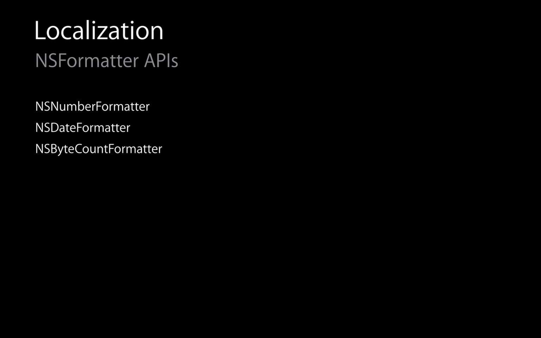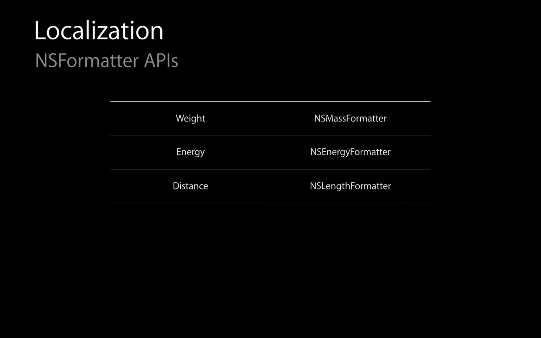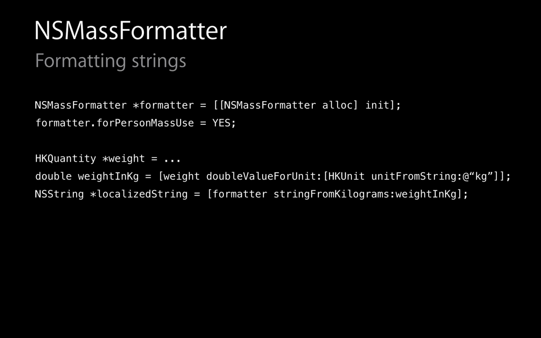To help you localize some kinds of the data that we keep in HealthKit, we've added 3 brand new formatters to Foundation: NSMassFormatter, NSLengthFormatter, and NSEnergyFormatter. These let you display things such as weight, energy, and distance in a way that's pertinent to the user's current locale. Let's take a look at how you might use NSMassFormatter.